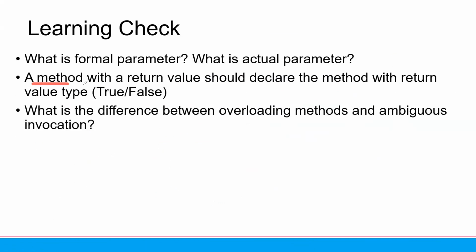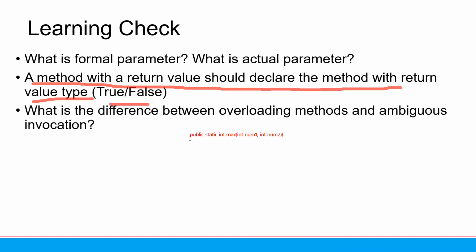A method with a return value should declare the method with a return value type. True or false? So this means that for a method with a return value, if I define public static integer max, integer num1, integer num2, then I need to have a return value type.